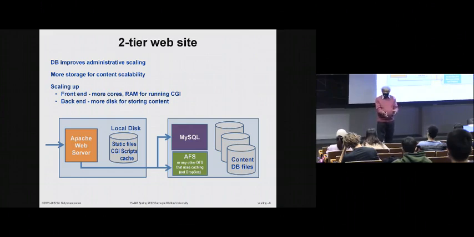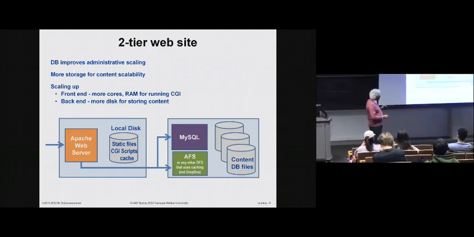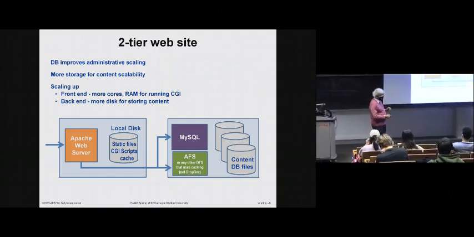And for that kind of unstructured data, some kind of AFS or AFS-like distributed file system fits perfectly. So even if I have multiple front ends, you're going to see in the next slide, the fact that you're using a distributed file system means all of them have access to the same data.